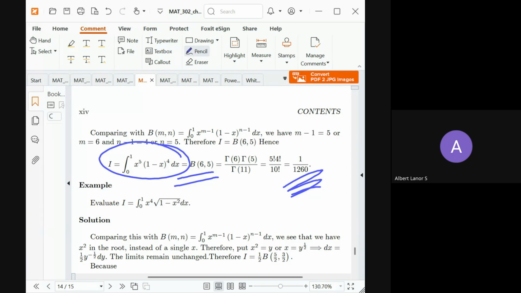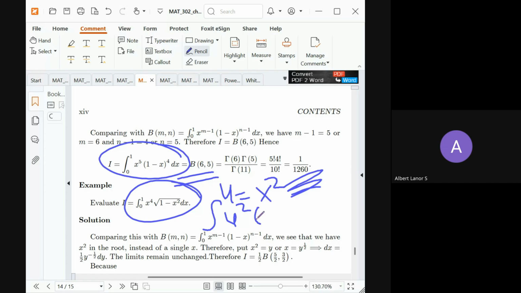So if you have this one, now this does not look like the standard one. Now we'll set u to be equal to x squared, so that we'll have the integral of u squared times 1 minus u, then the power is half, du.